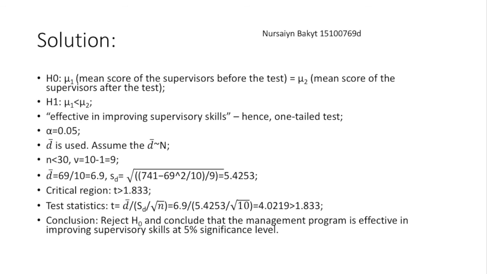We implement the test statistic using the formula given, and we find that t is equal to 4.0219, which is well in the region of higher than 1.833. So we reject the null hypothesis and conclude that the management program is effective in improving supervisory skills at 5% significance level. Thank you.